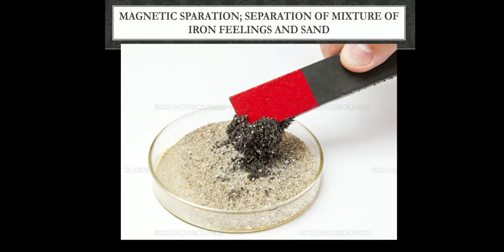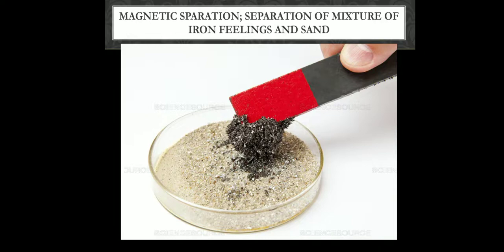Another method is magnetic separation. The property of attraction towards a magnetic material is useful in the separation of those materials from other substances which are not attracted towards a magnet. Here we have done one experiment. We have taken a mixture of iron filings and sand in a plate. If you bring a magnet towards this mixture, what will you observe?